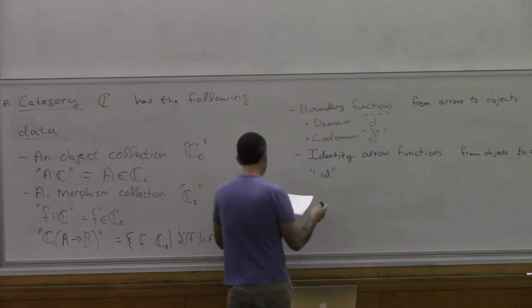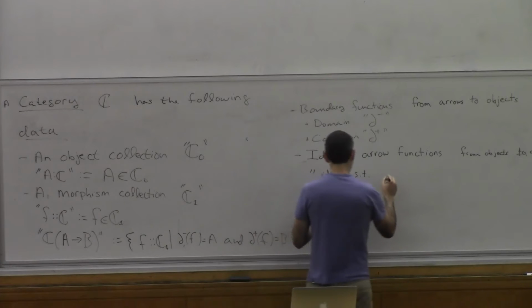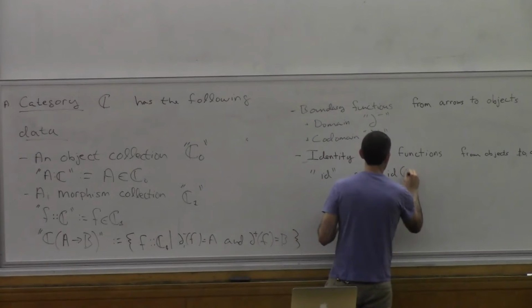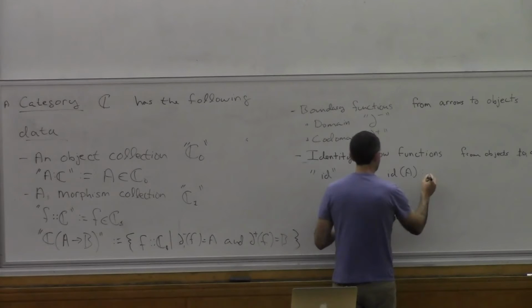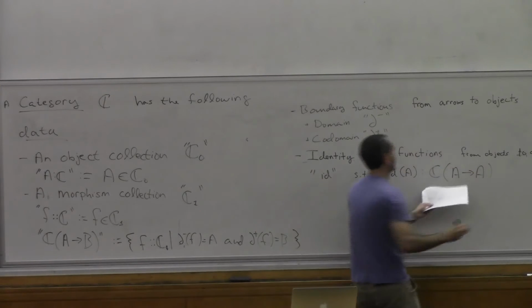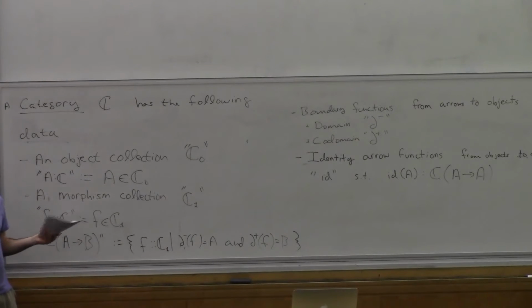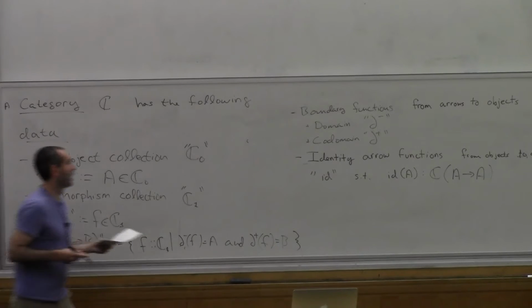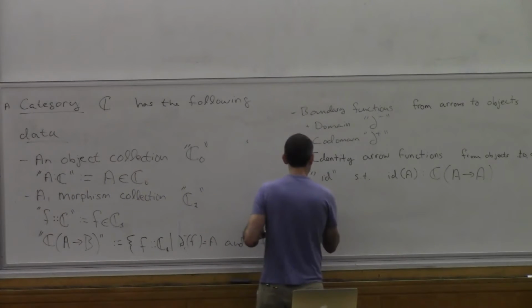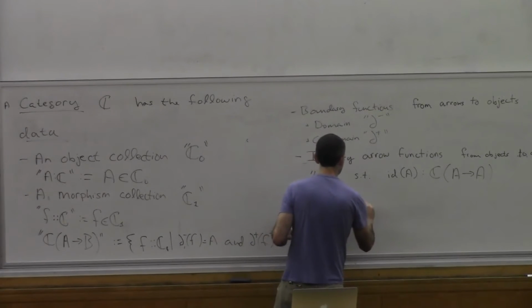And they have the property that id of an object A is an arrow in the HOM collection from A to A, right? So the domain of the identity arrow is that same object, and the codomain is also that same object. Okay, and then finally, we have arrow composition.